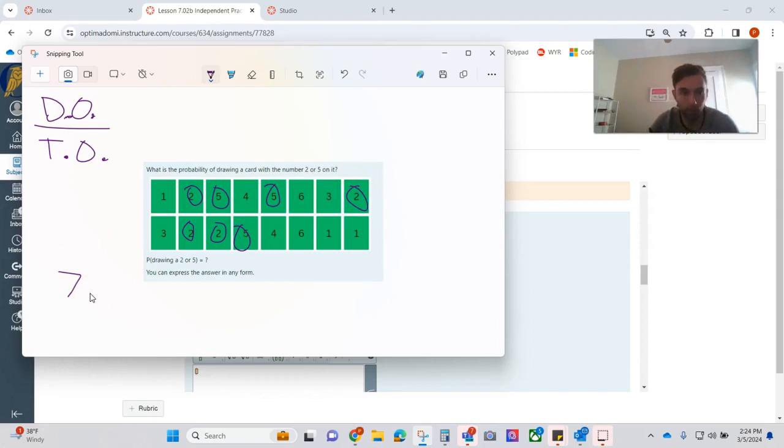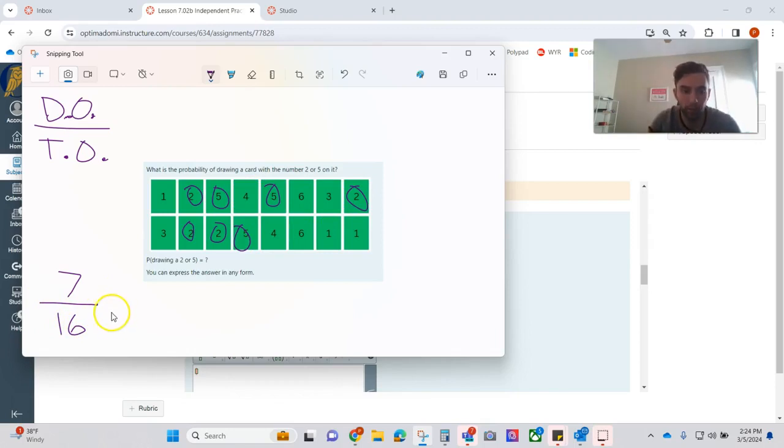7 times of me drawing a card, I could win, out of how many times? How many total outcomes are there? How many total cards are there in this pile? 1, 2, 3, 4, 5, 6, 7, 8, 9, 10, 11, 12, 13, 14, 15, 16. So 7 out of the 16 cards would make me win.